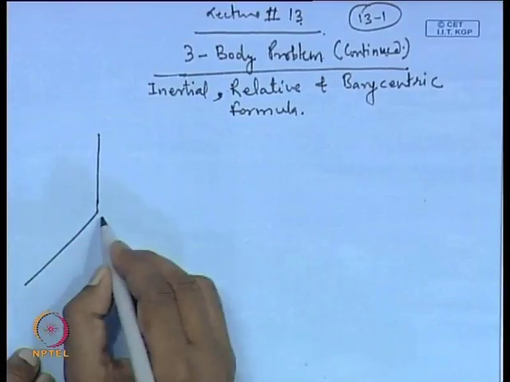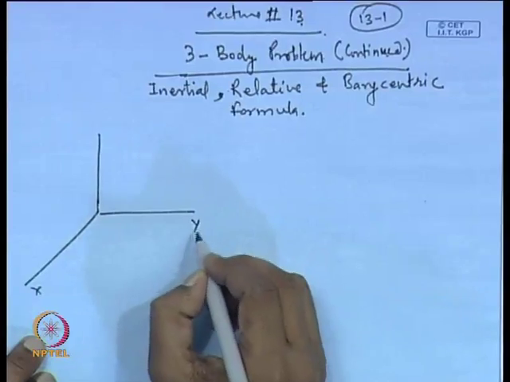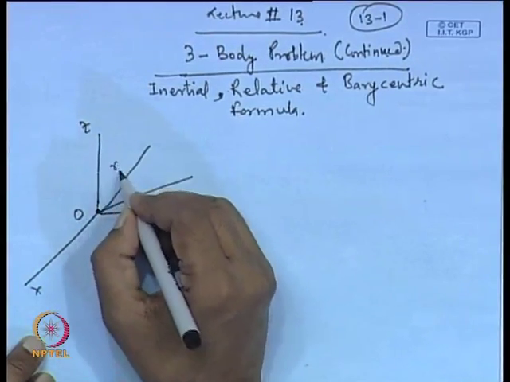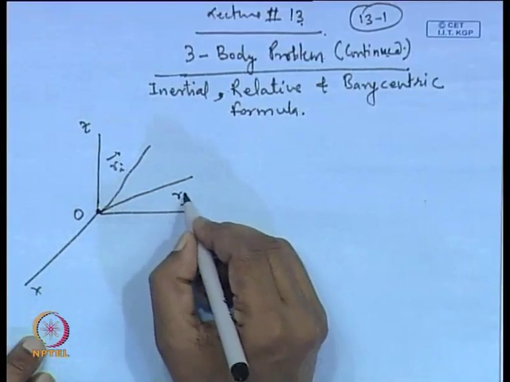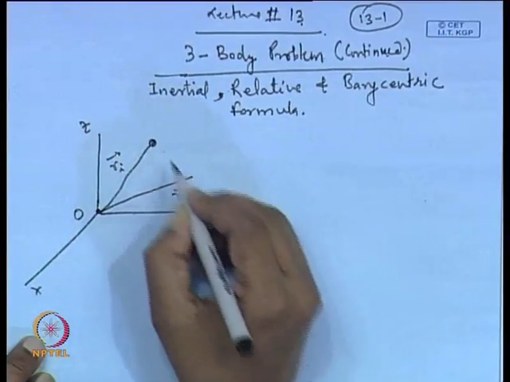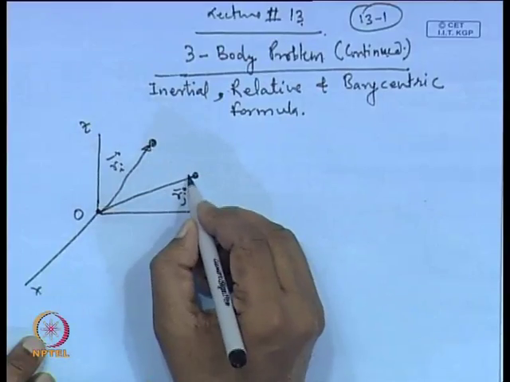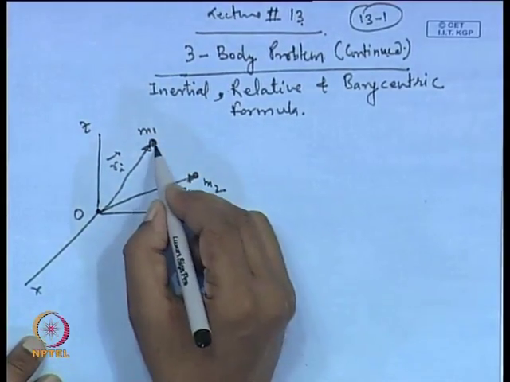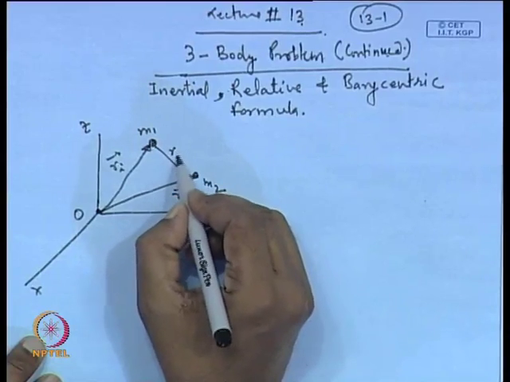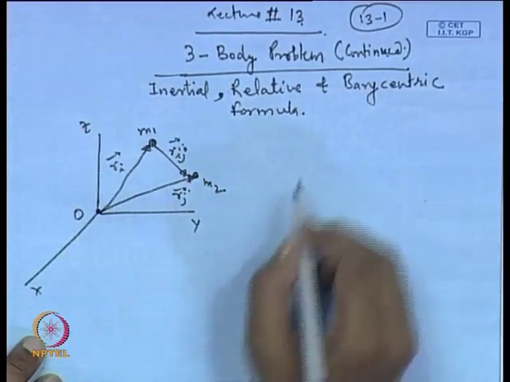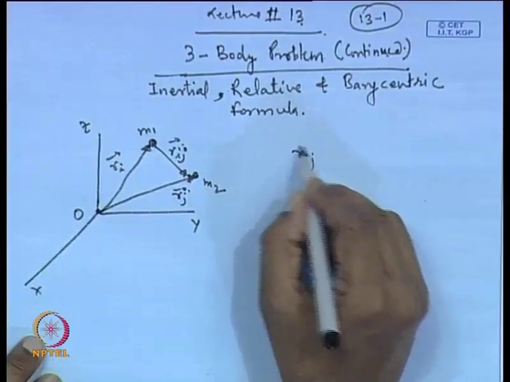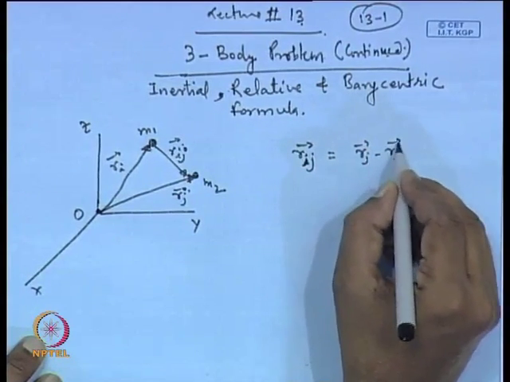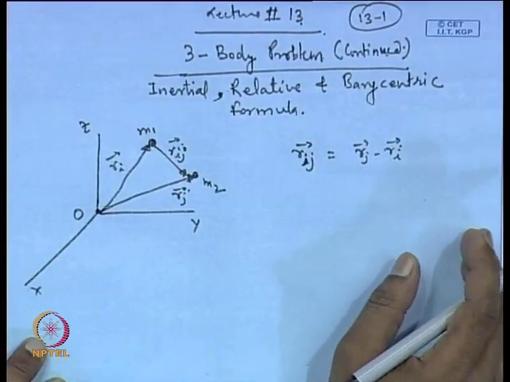Okay. So, last time we had this inertial reference frame x, y and z, with O as the origin. r_i and r_j were the position vectors of two heavy masses m_1 and m_2. The vector r_ij was defined as r_j minus r_i.